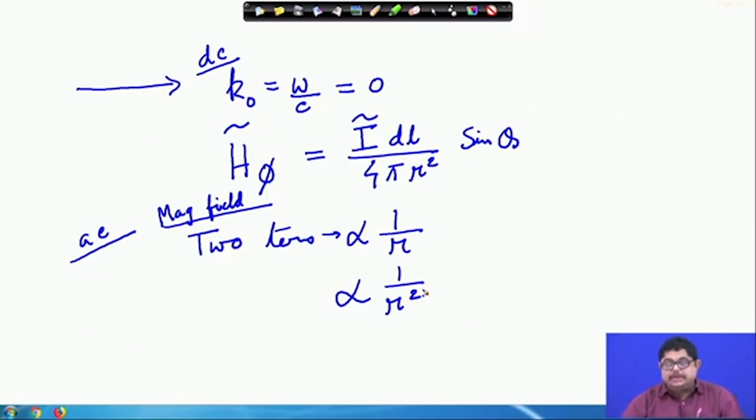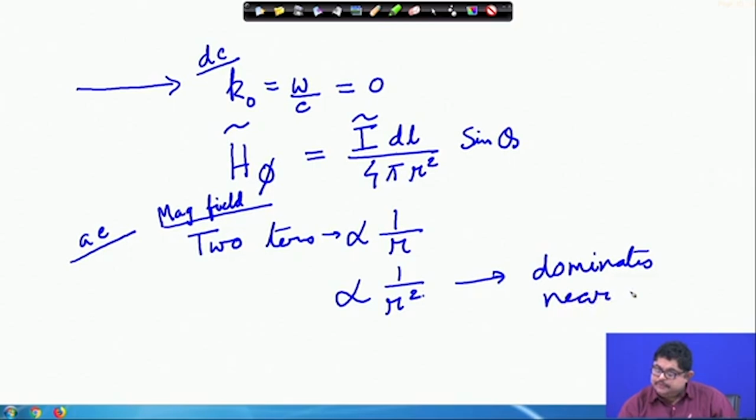Now, close to the antenna, this r value, or k naught r, is very small. So, the 1 by r square term dominates over the 1 by r term near the antenna. This component is also called the induction field.